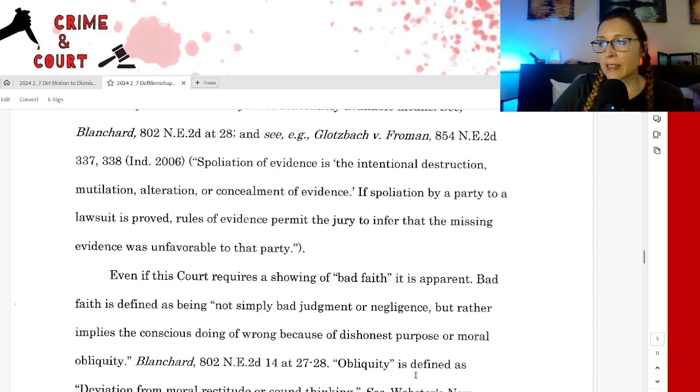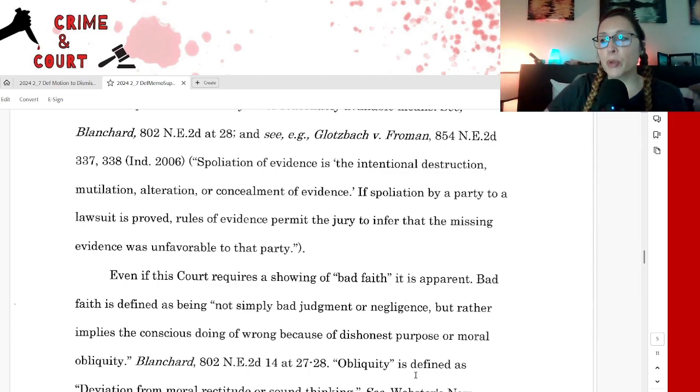Spoliation of evidence is the intentional destruction, mutilation, alteration, or concealment of evidence. If spoliation by a party to a lawsuit is proved, rules of evidence permit the jury to infer that the missing evidence was unfavorable to that party.